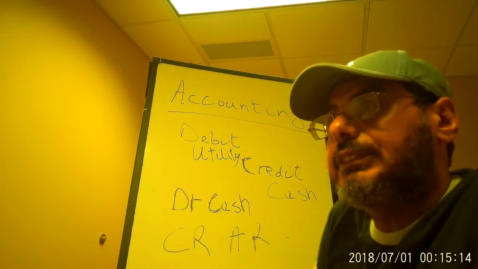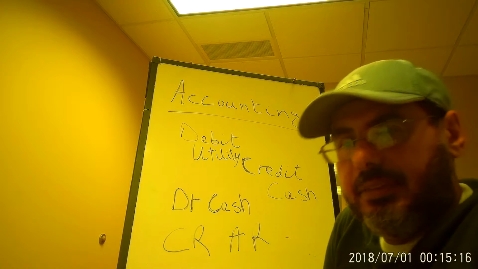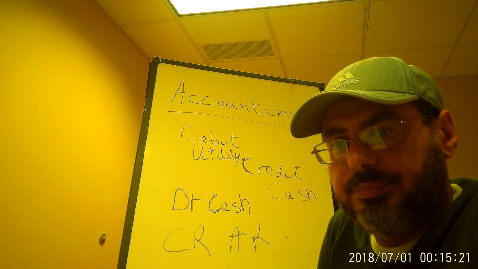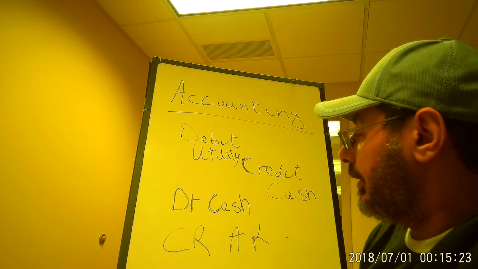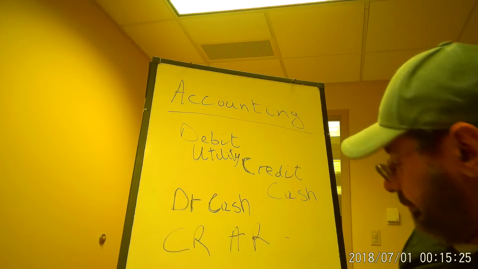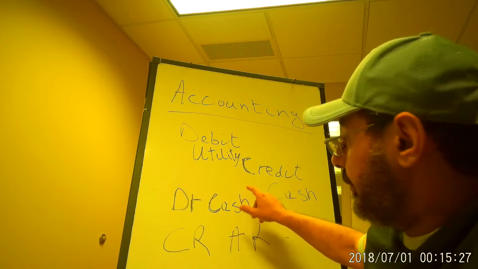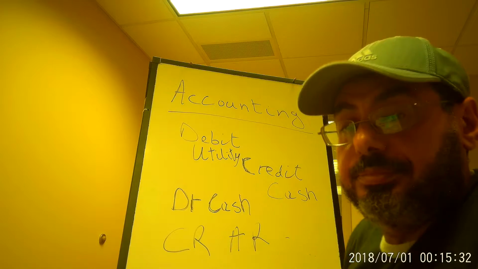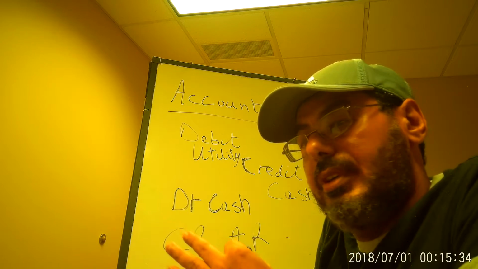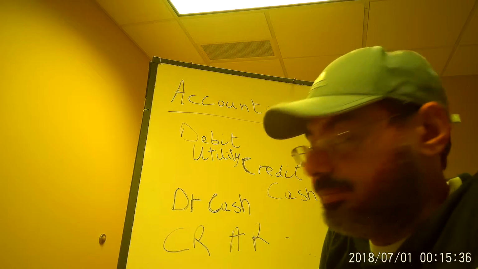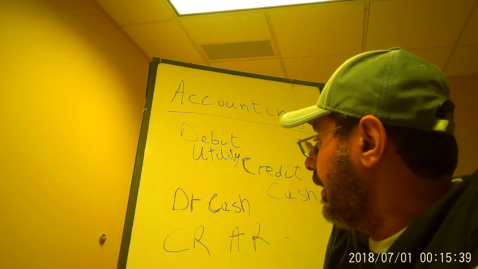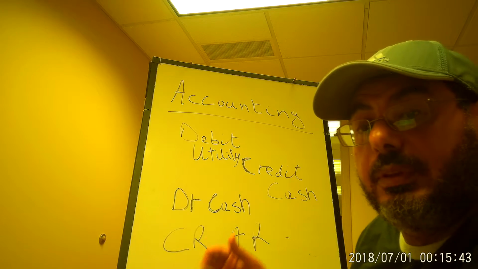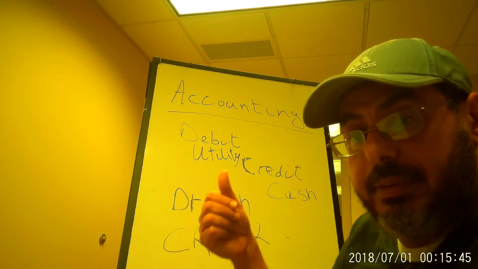But are we going to just memorize that? No. There is a theory behind it. And the theory is, if you see here cash, cash is a current asset. It's an asset. Any asset will go up by debiting.